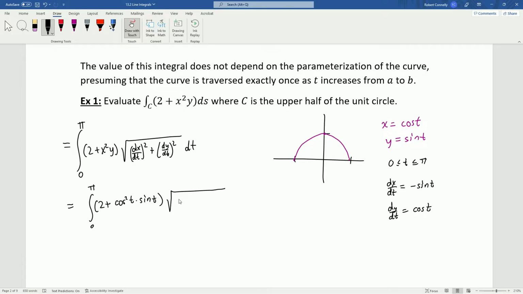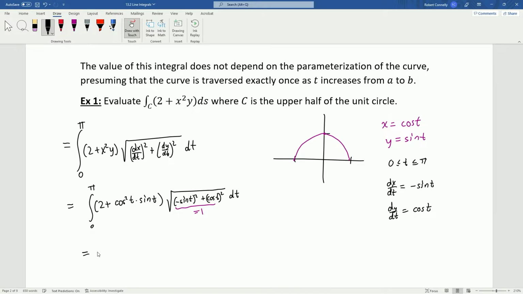So this is going to give us negative sine of t squared plus cosine of t squared dt.